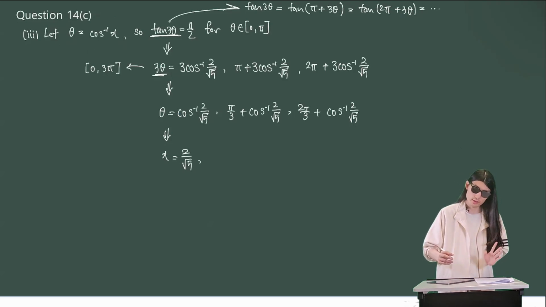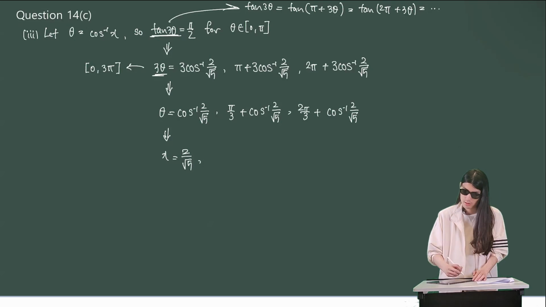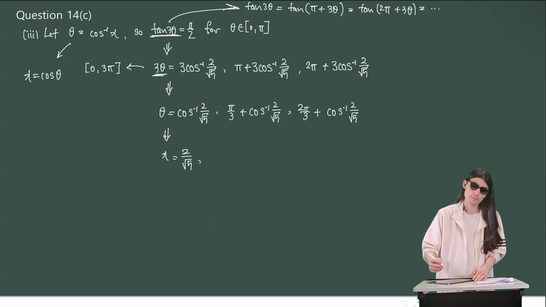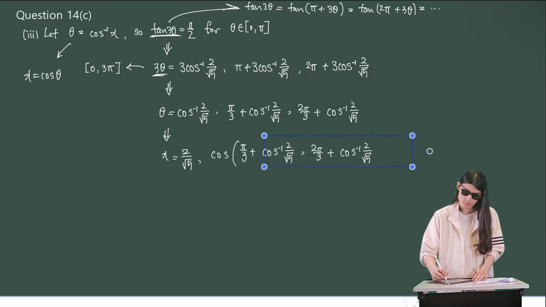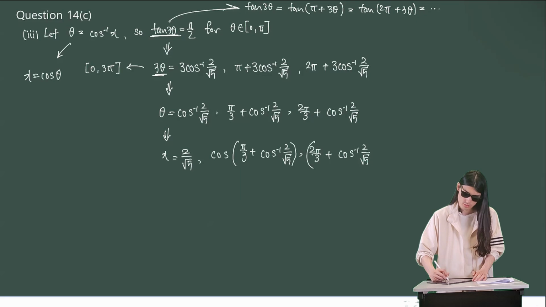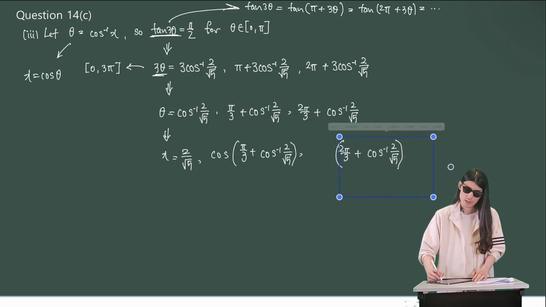Well, x is essentially obtained by taking cosine of each of these theta values. Like this.